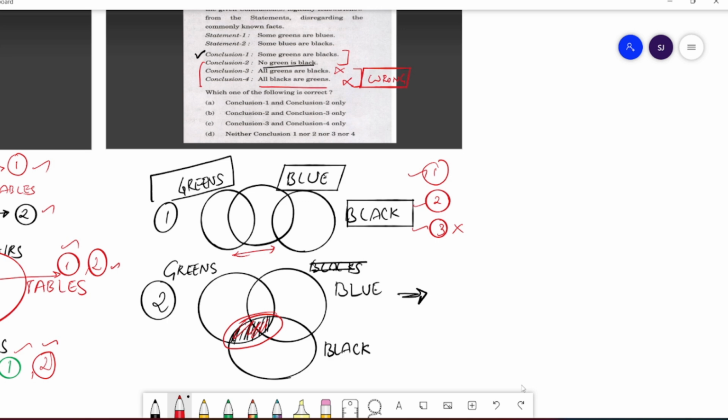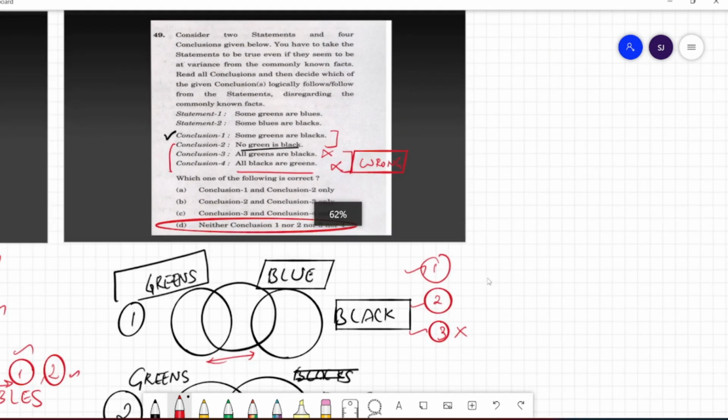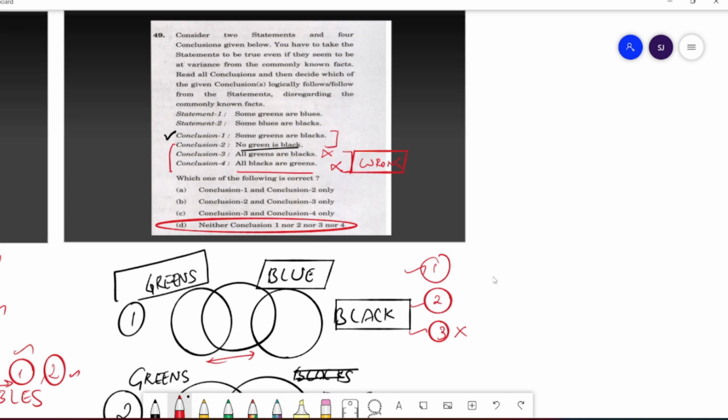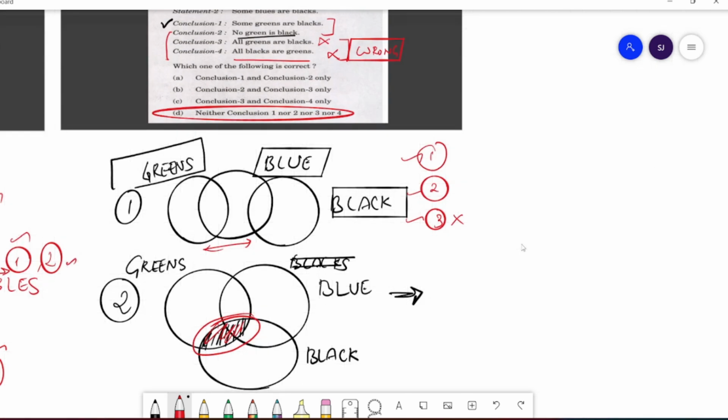From one diagram you should not conclude that yes, we can make out something. Both the diagrams should support it. Hence, because it is not in both the diagrams, you can safely say that there is neither conclusion 1, 2, 3 nor 4, because some of them are not true in the first diagram, and some of them are not true in the second diagram. So this is how we should conclude in the syllogism.